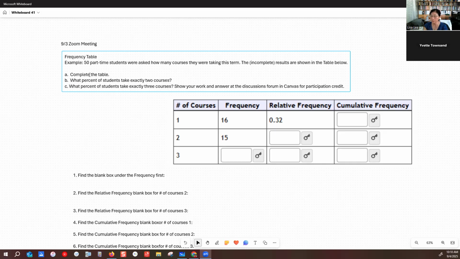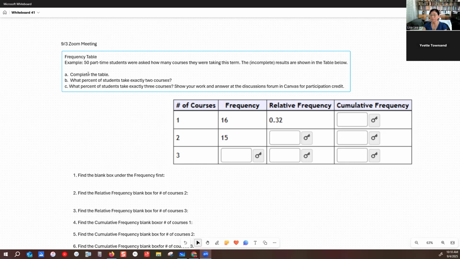The statement is: 50 part-time students were asked how many courses they were taking this term. The incomplete results are shown in the table below. So we are going to complete the table and complete all the solutions.